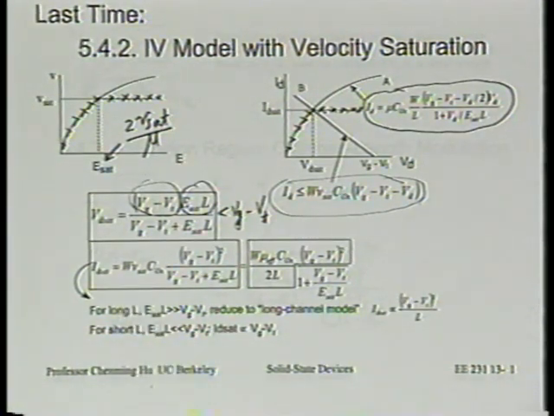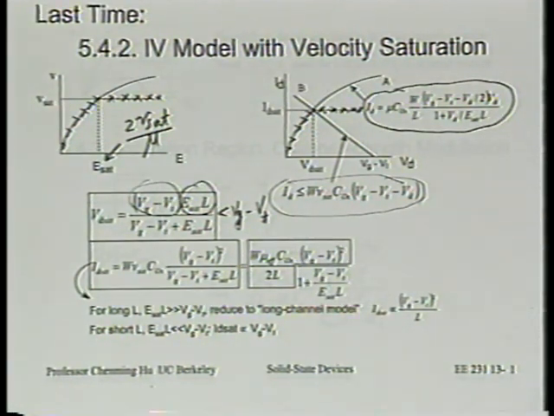Now, ID set is probably an even more important expression. If you can remember this, then you have a model in your head about what determines ID set. There are 2 forms. Let me emphasize the second form. Although it looks complicated, it may be easier to memorize because it's made of the old ID set, W over 2L mu C Vg minus Vt squared.